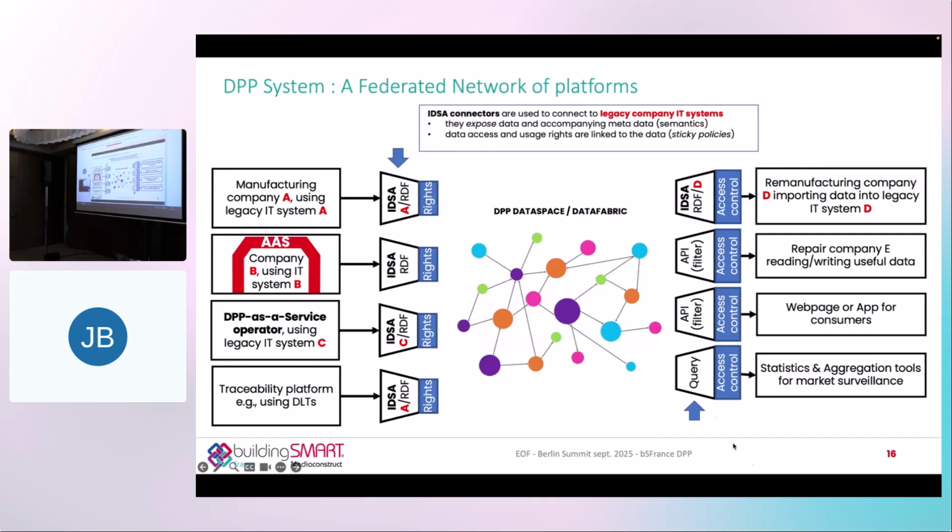And by using these connectors, it's easier and faster to deploy the shared data space.